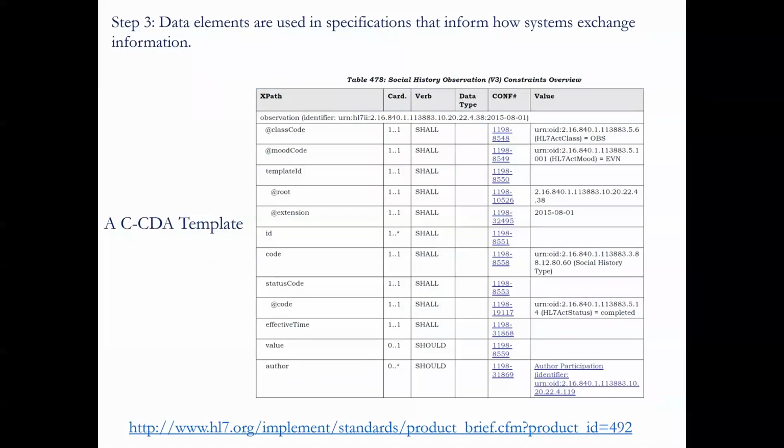Step number 3 is for the standards like CDA. Here I'm specifically talking about a particular implementation guide within CDA. This is called CCDA. It stands for Consolidated CDA, a family of templates, data structures that have been defined to enable system interoperability. So in the 3rd step, we actually can create a data structure. This is an observation type structure.